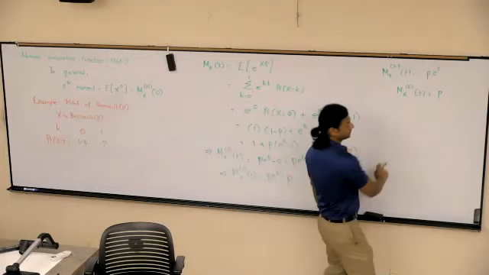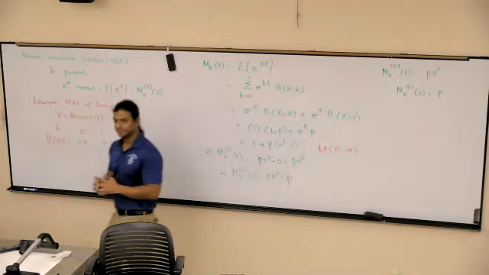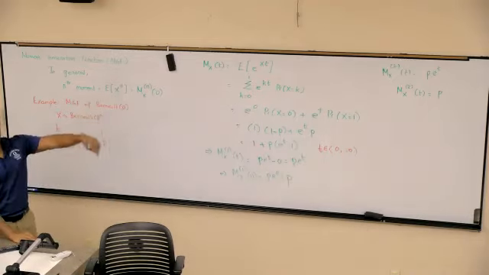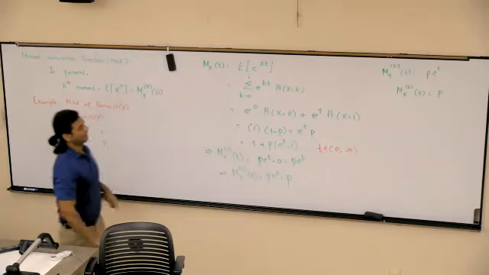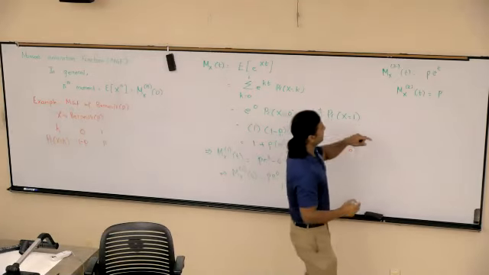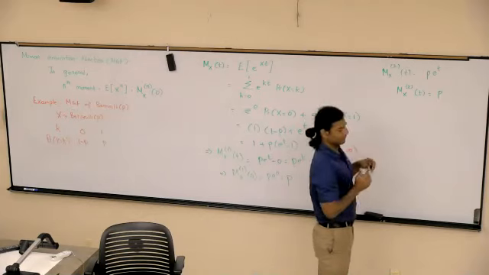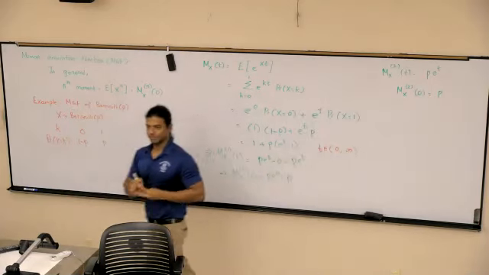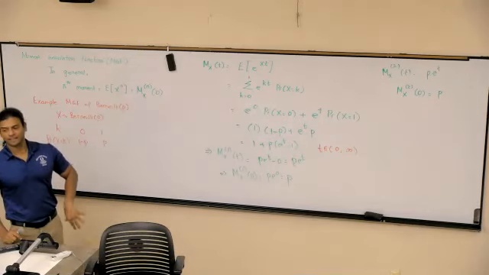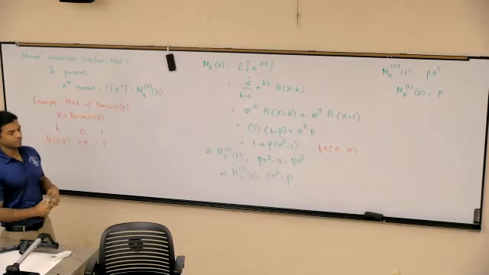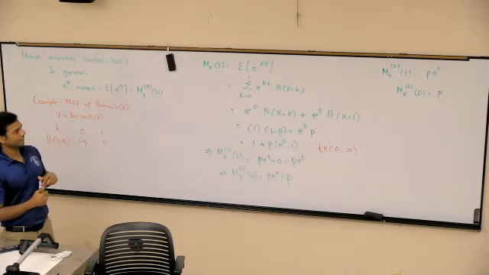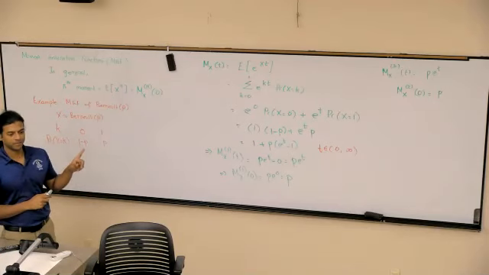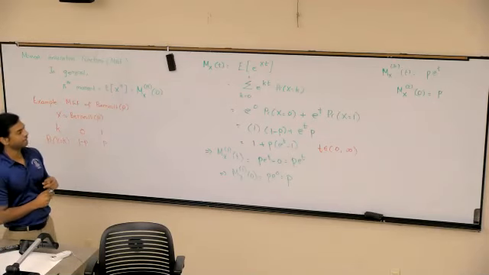So is every moment just going to be the same? Yes, if you keep taking derivatives, it's just going to be p. Exactly. Well, here is a problem. That's not the variance. The variance of a Bernoulli is p times 1 minus p.